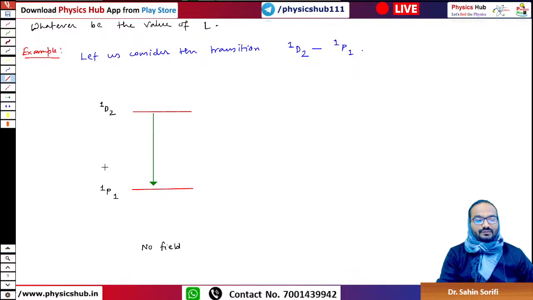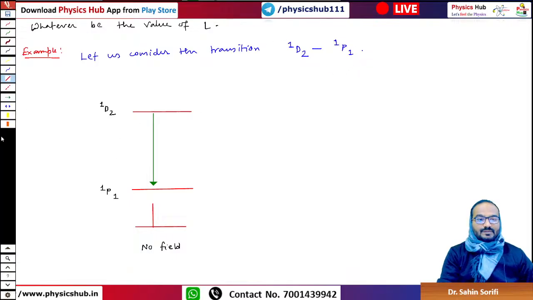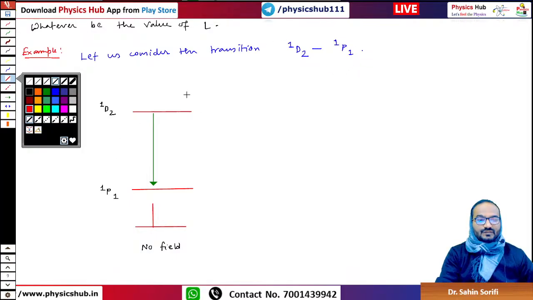So under the no field condition, what will you see? You will see that there is a line like this. Now, because of the space quantization, as you apply the magnetic field, a particular L value is split into various ML values.